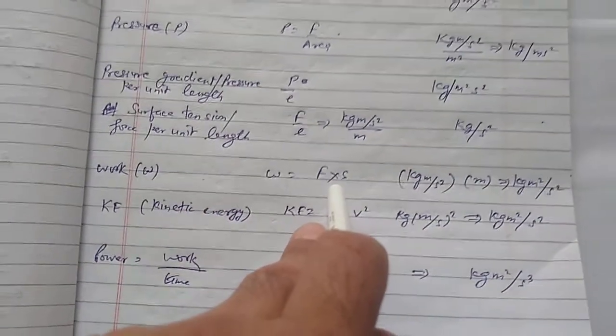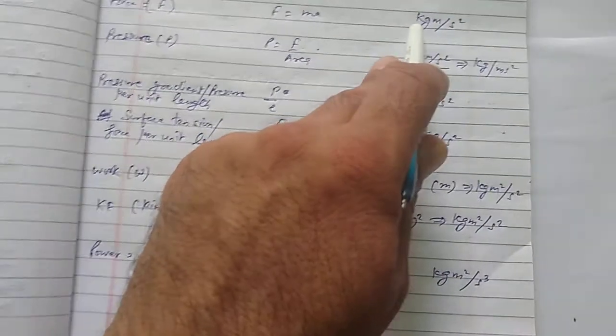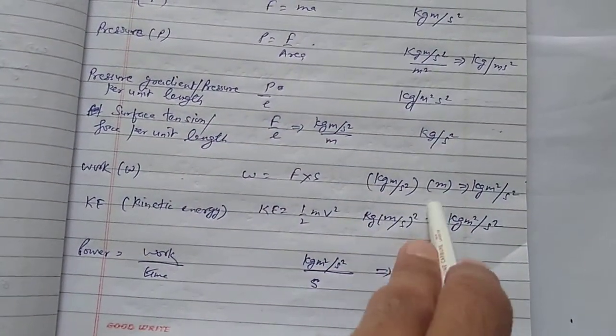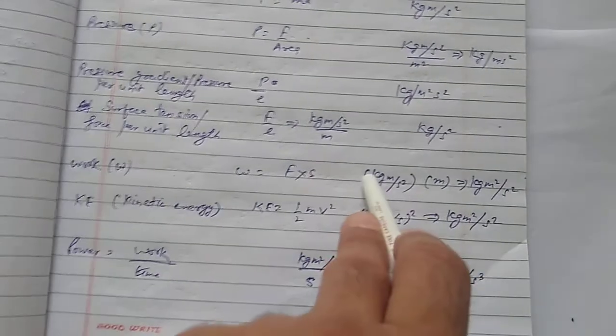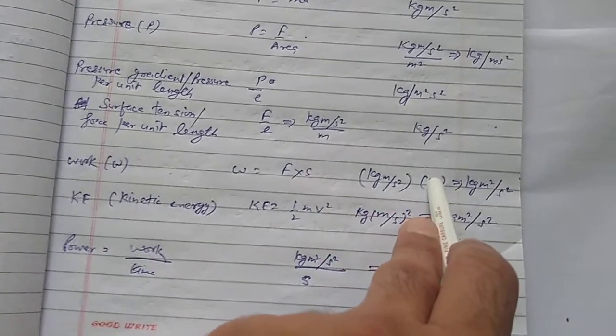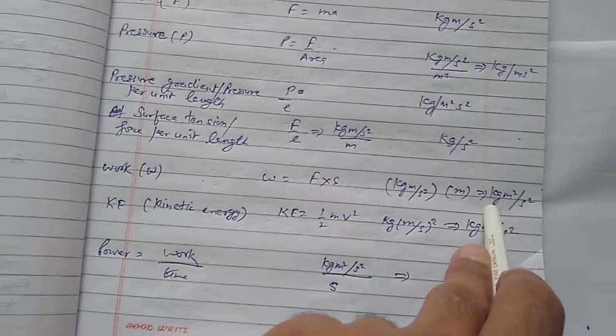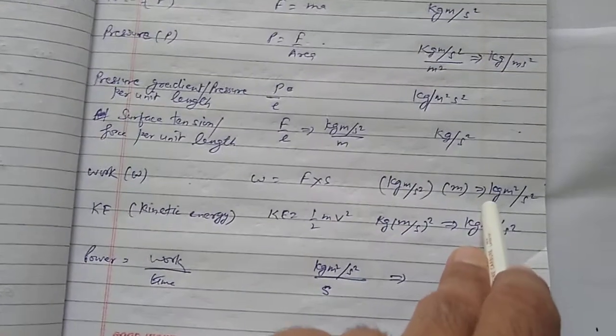Work. Work is defined as force into displacement. Force is kilogram meter per second square, displacement is meter, and this meter gives you meter square, so the unit becomes kilogram meter square per second square.